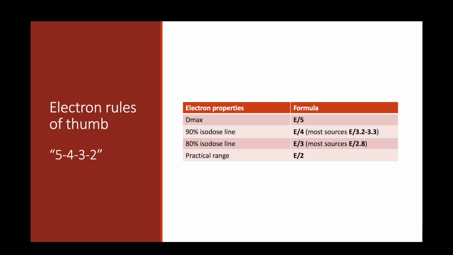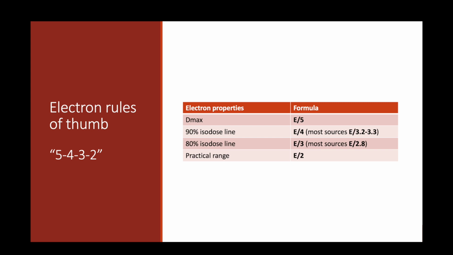Once we conceptually understand these principles of electron therapy and these fundamentals of how electrons work and penetrate through a patient, I think that is more than half the battle, truly. Then there are a few different equations that often come up and are tested.